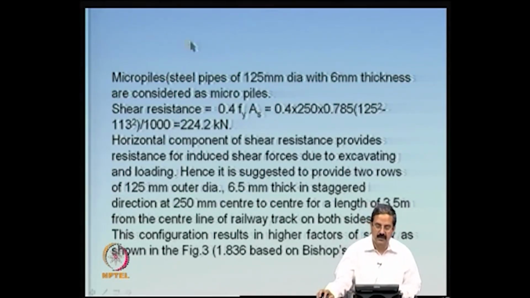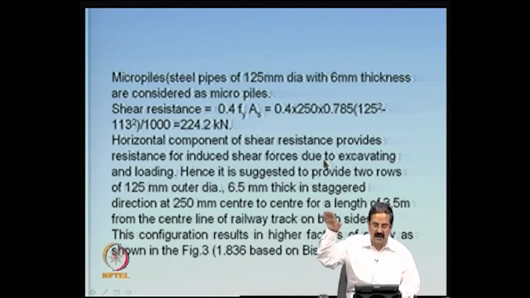If you just look at the books, it shows that its yield strength-based shear capacity is 0.4 Fy into As, so you have the area and all those calculations. 224.2 kilonewtons was the shear resistance from a single pile. So, the horizontal component of the shear resistance provides resistance for induced shear forces due to excavating and loading.